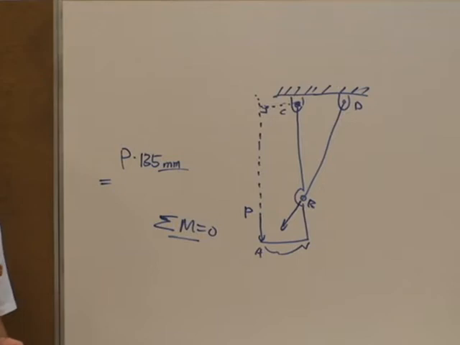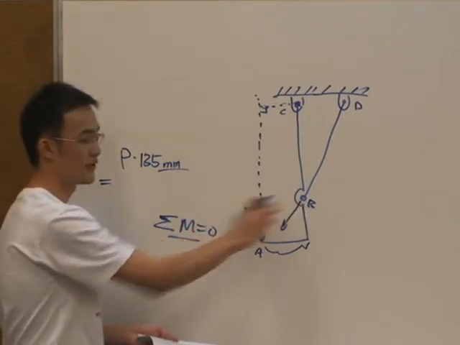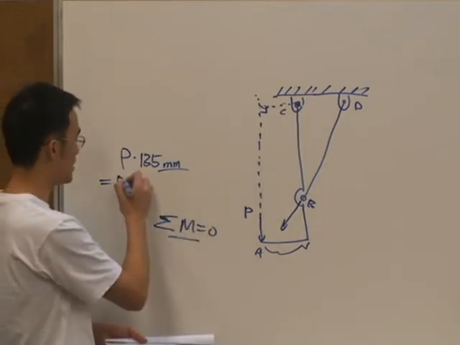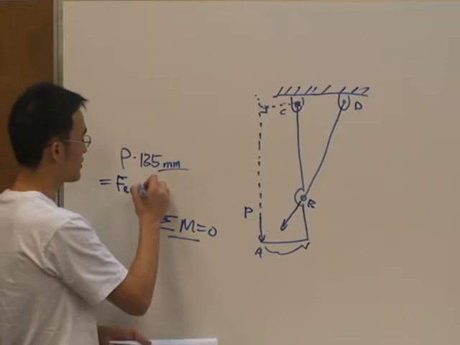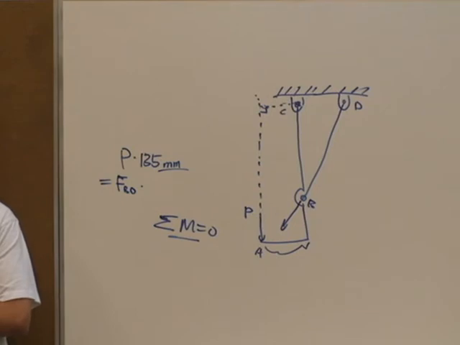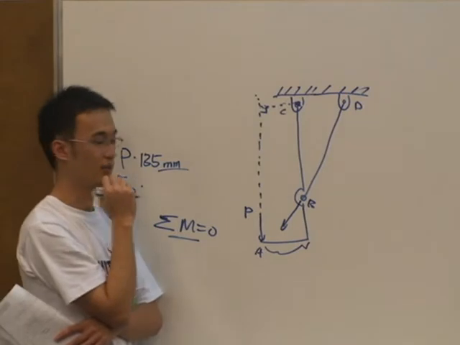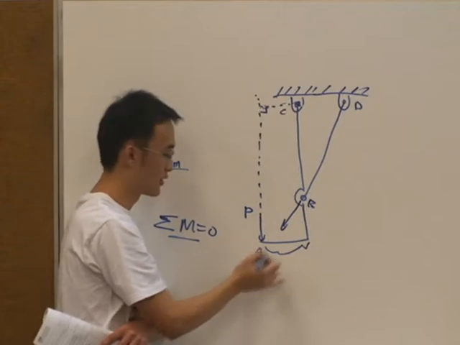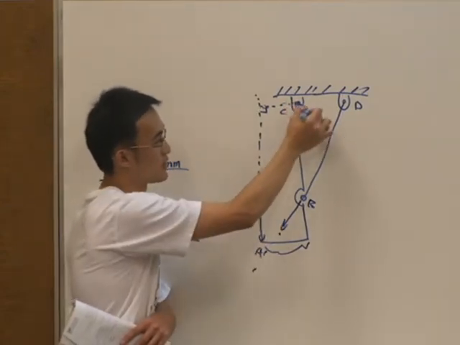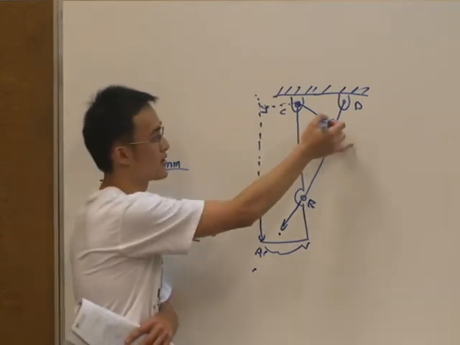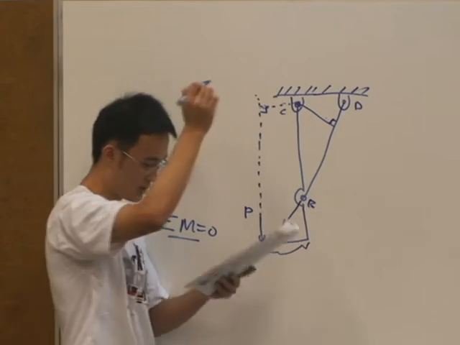Second force, second moment created by this force from member BD, is this FBD times its force arm. What's the force arm of this BD? Distance from the point of analysis to the force, correct? Force is in this axial direction, so its extension line will be this line, correct? So the distance from this point to this point must be perpendicular. This distance we can calculate from our given dimension.